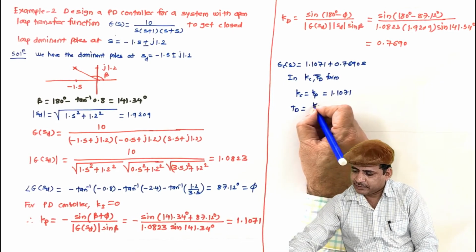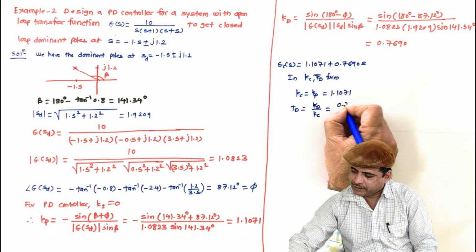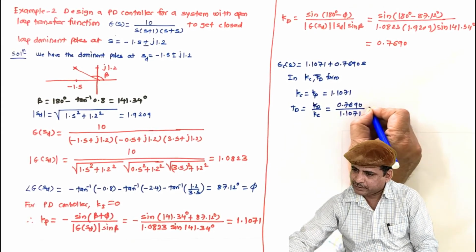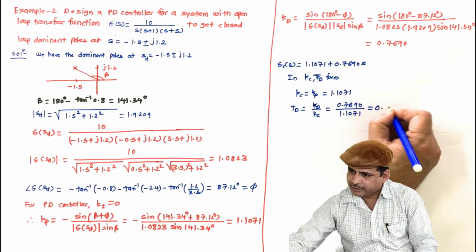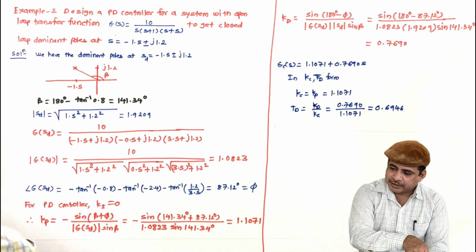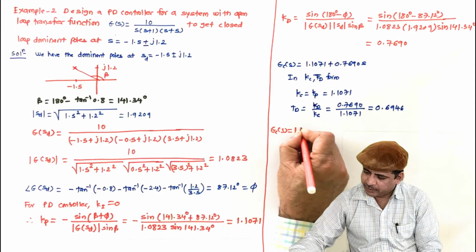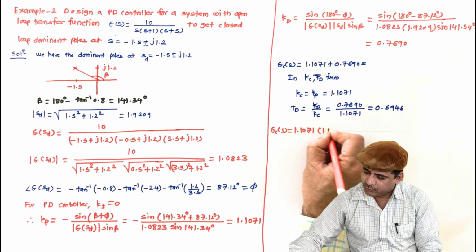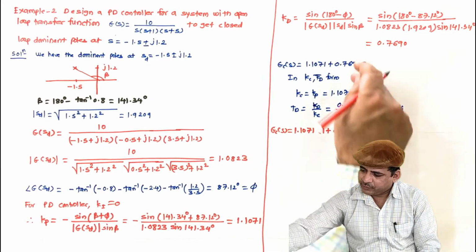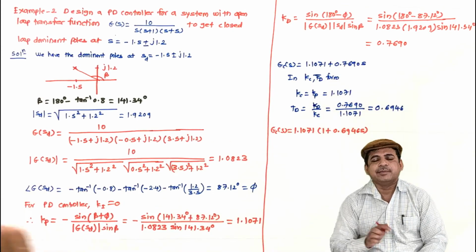So here this Td will be equal to Kd is 0.7690 upon 1.1071, and that is coming 0.6946. So Gc of S can also be written as 1.1071 into 1 plus 0.6946 S, which was also quite possible in this form. Just take 1.1071 common, you will get the same.